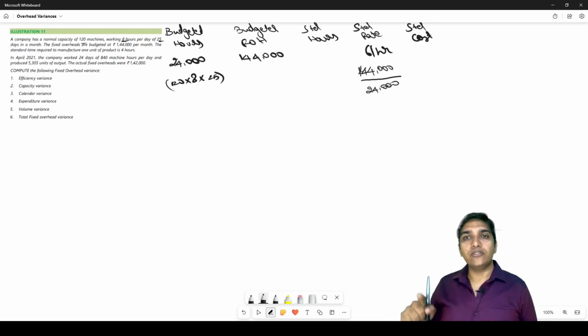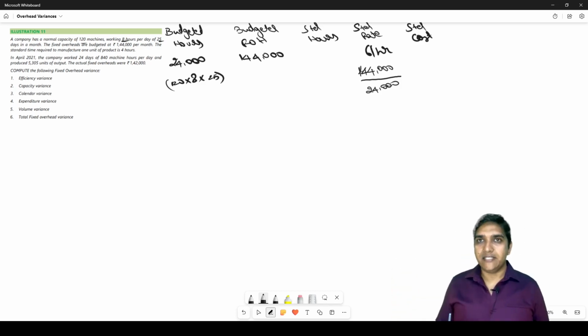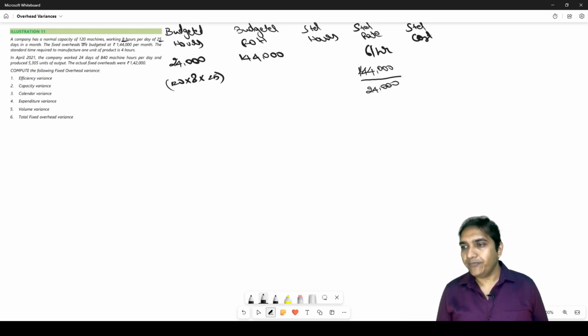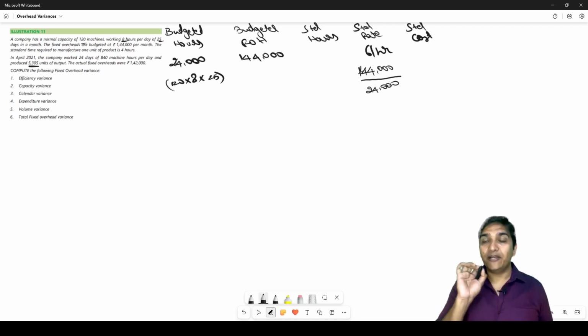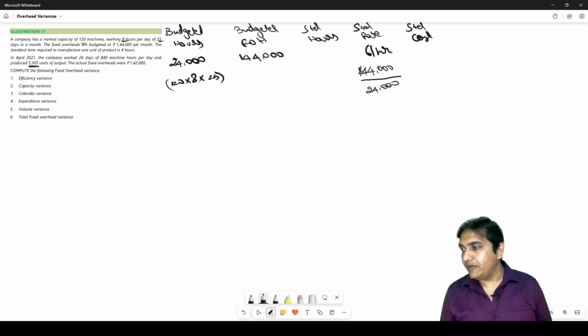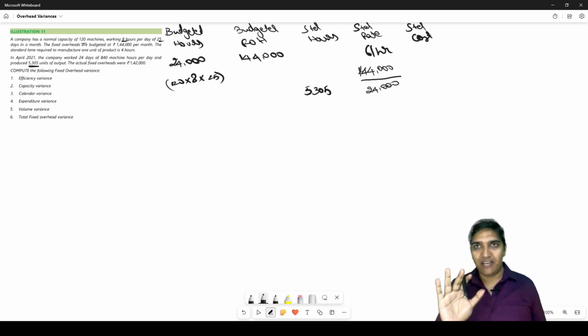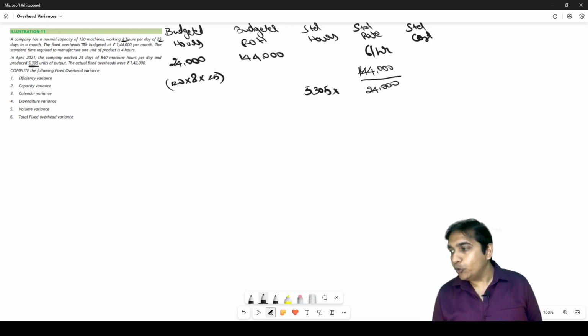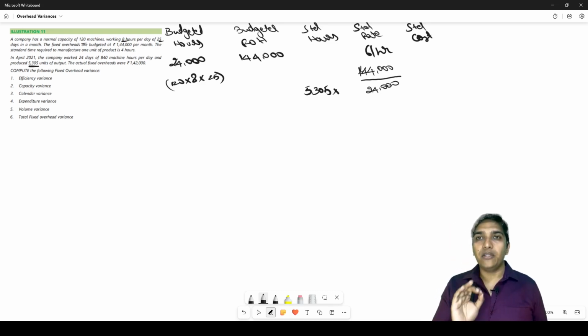Standard hours is always going to be based on the actual output for all the variances, not only for overheads. In the question it says that we have produced 5,305 units. So to calculate standard hours, we will take 5,305, which is the number of units we have manufactured, into the standard hours per unit.